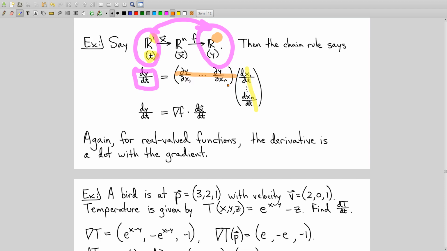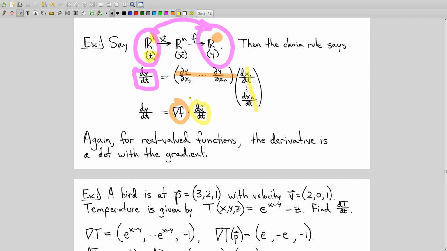If I take this row matrix and just turn it on its side and treat it like it's a vector, the multiplication would be the same as doing a dot product. What that turns into then is the gradient of the function, the right function, being dotted with the velocity of the first function. Everybody good?